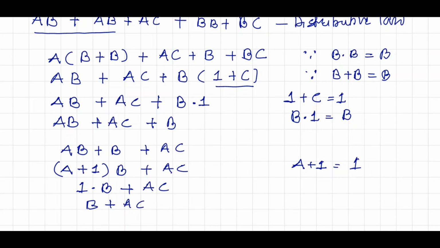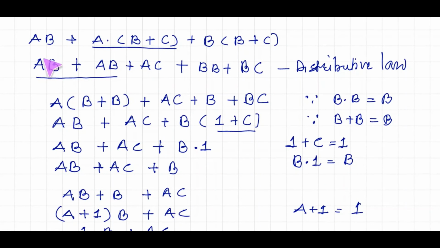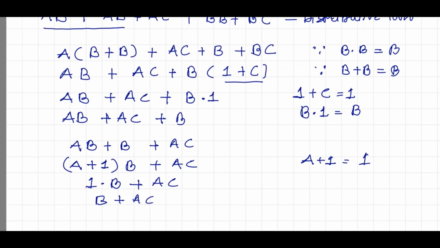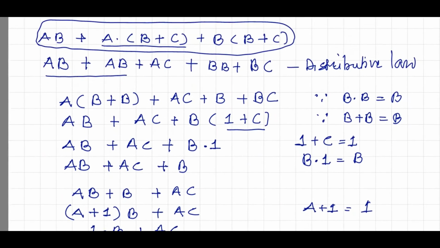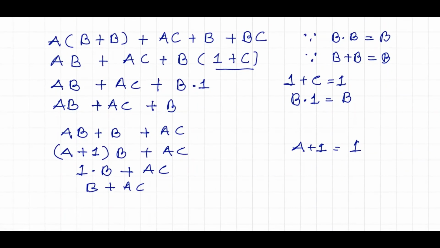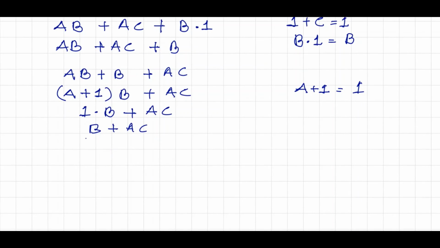Now remember that our first expression which was given, using various Boolean algebra laws, we have simplified it to B plus AC. That means whatever result the original expression gives, the same result is obtained by this expression. Now, as we know, y is equal to B plus AC.